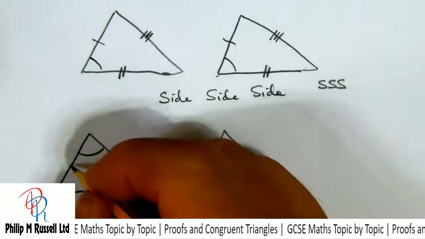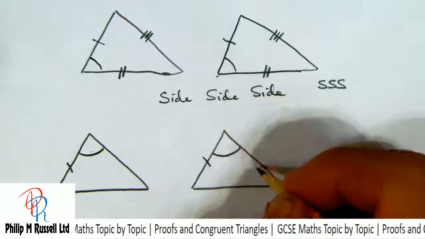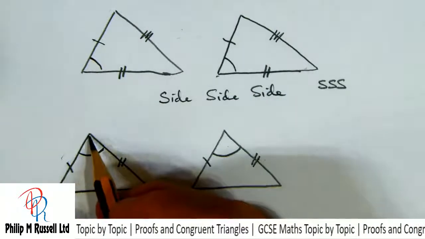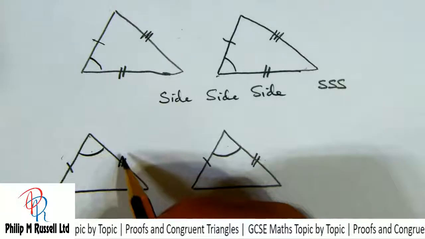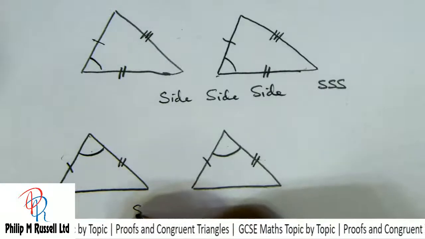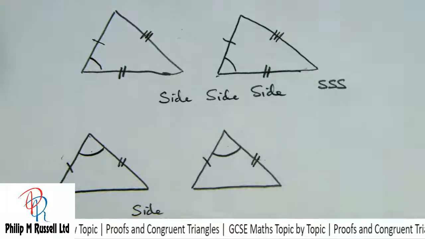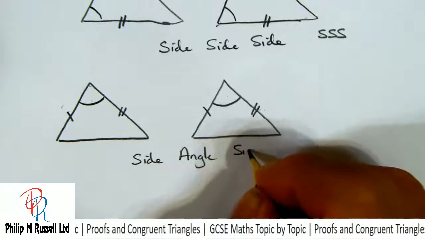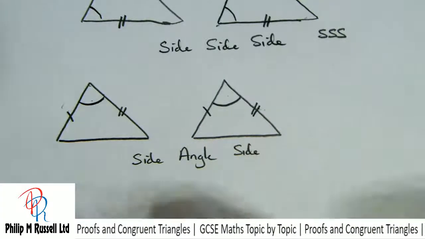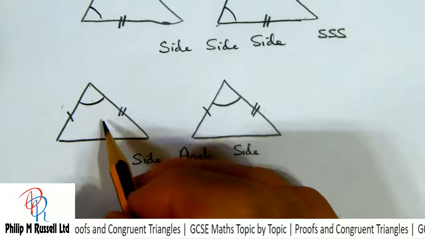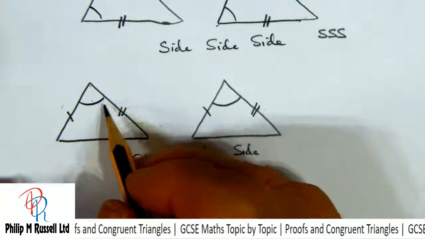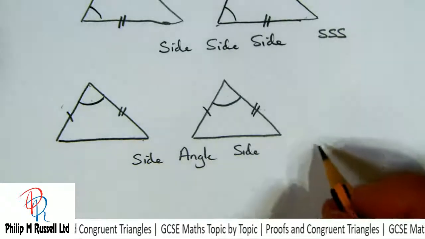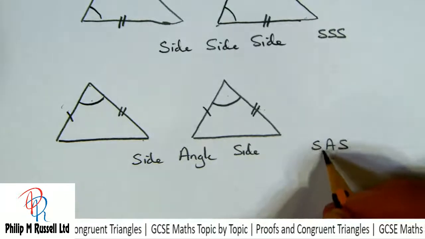And if I can prove that this side and that side, and it's got to be the side with the included angle, the sides with the included angle, this is side, angle, side, then these two triangles have to be the same, because if this side's the same length and that one and that angle, then this one has to be the same length, and this is side, angle, side, SAS.